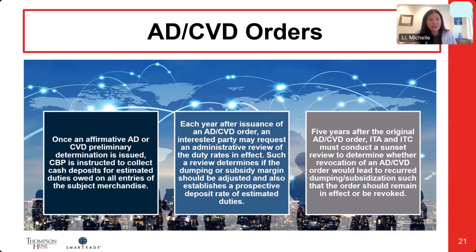Once the ITC makes a final injury determination, everything has ended in the investigation, and then there will be an order coming out. It can be either an AD and/or a CVD order, depending on what the Commerce found. I'm talking about a situation where a domestic industry has filed AD and CVD petitions at the same time on the same imports. Once that happens, each year after issuance of an AD or CVD order, an interested party may request an administrative review of the duty rates in effect.